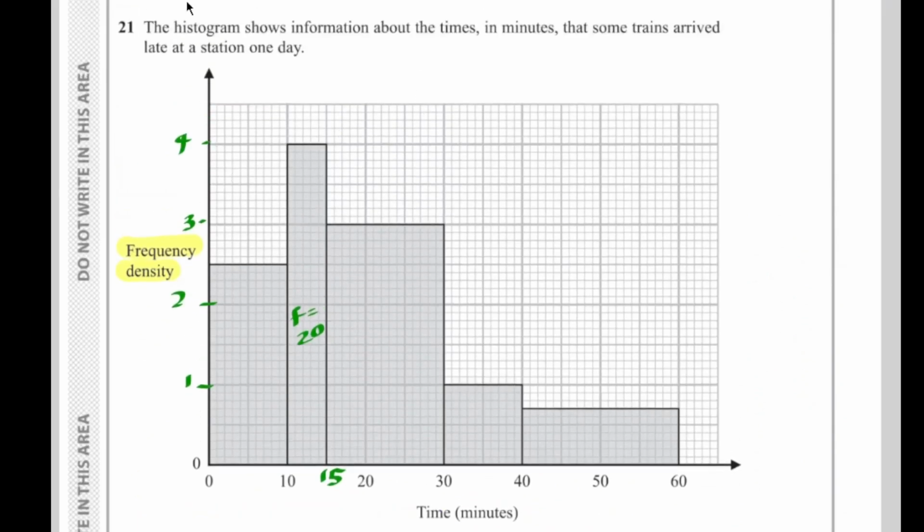So let's figure out where 25 lies. This is 20, then this is 25. Then I'm going to draw the line here. This is 25. Then we need to get the frequency all the way from this one and this one and this one.